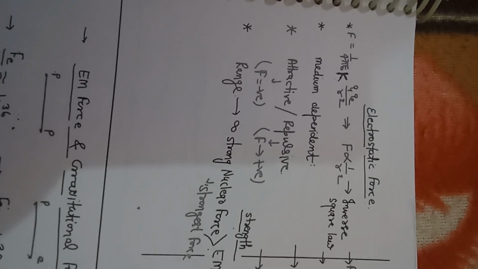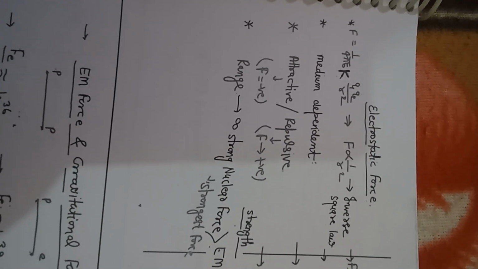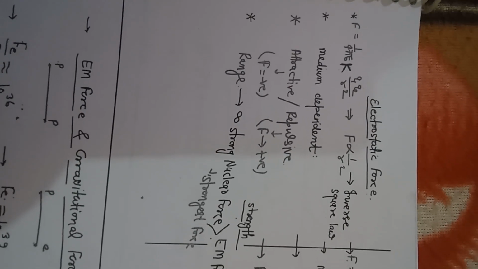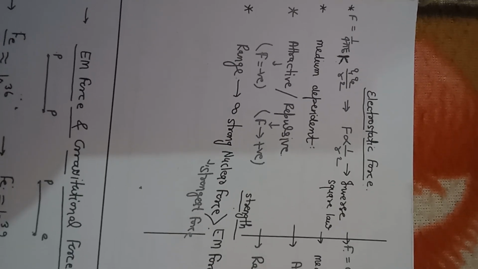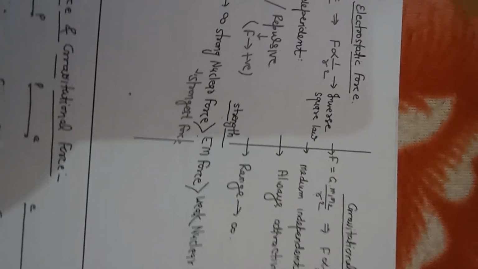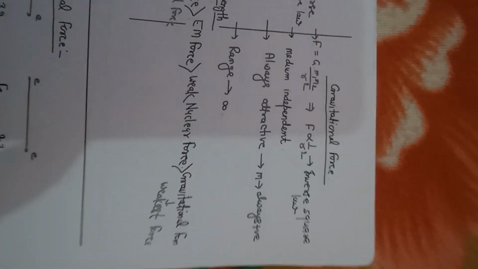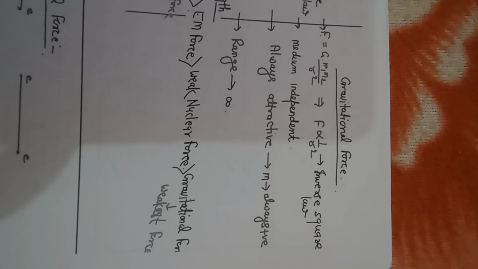Electrostatic force has both properties, attractive and repulsive. For attractive, F is negative, and for repulsive, F is positive. But gravitational force is always attractive, meaning m is always positive.